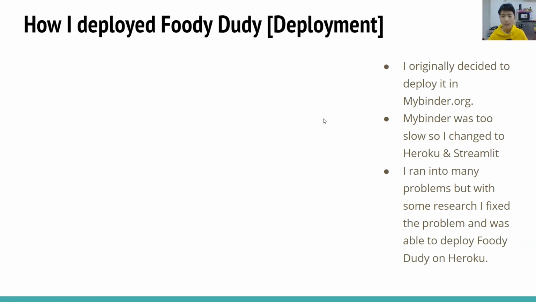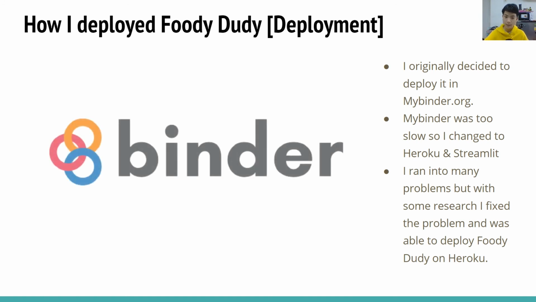Okay, now my last topic is how I deployed Foody Duty. So the deployment process is pretty simple, I can say. Well, simple for Binder. As I said, I decided to deploy my Foody Duty on Binder because it was really simple and I just had to follow fast.ai.